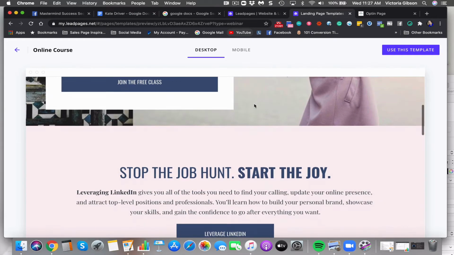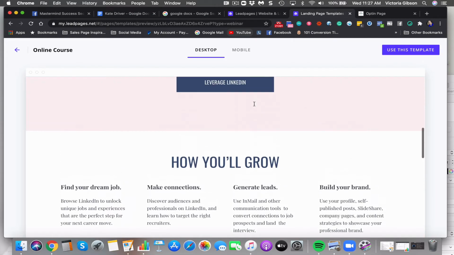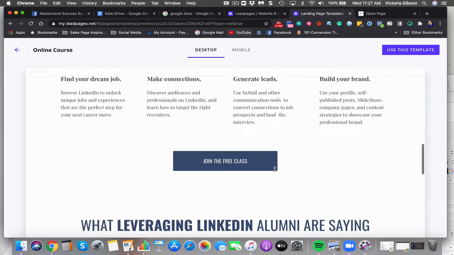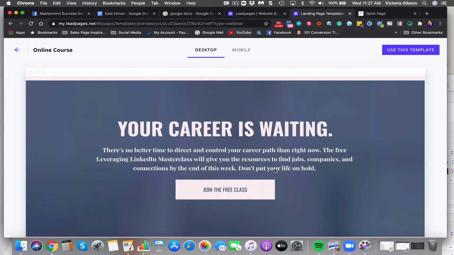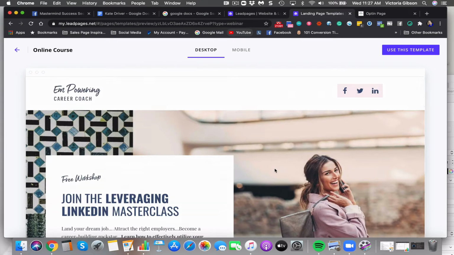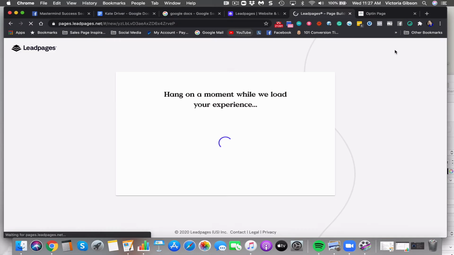But this is quite cute, very feminine. It's going to give me the outcomes of what I'm going to learn, some testimonials, meet the hostess. I really like that. I think that looks good. The beautiful thing about Leadpages is it's really easy to swap in and out your own branding, which is pretty cool. So I just click on use this template.